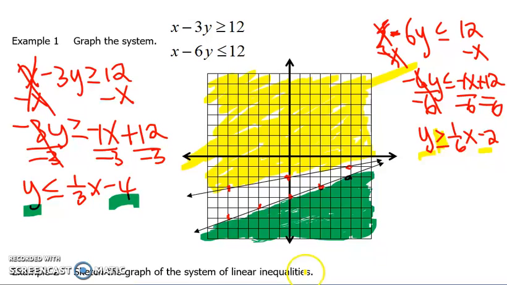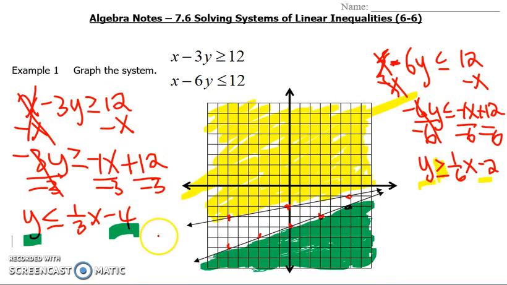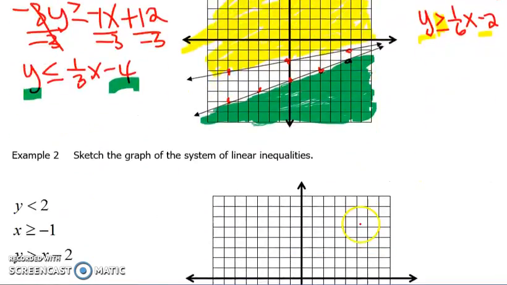We're not shading anything together, so they don't really share any answer. So that's how we shade this inequality, and that's it. So let's do the bottom.